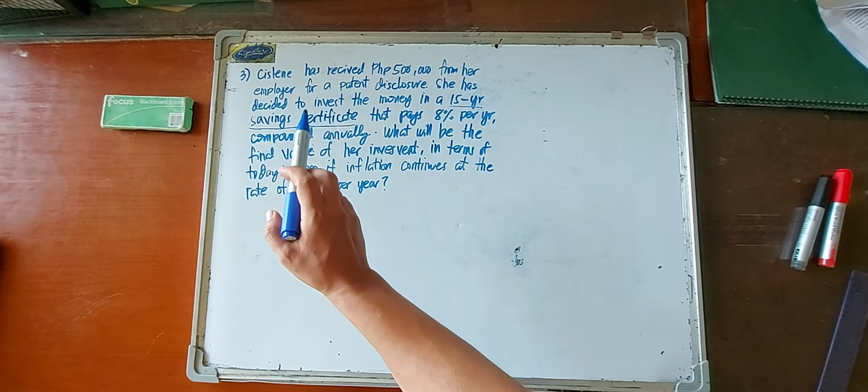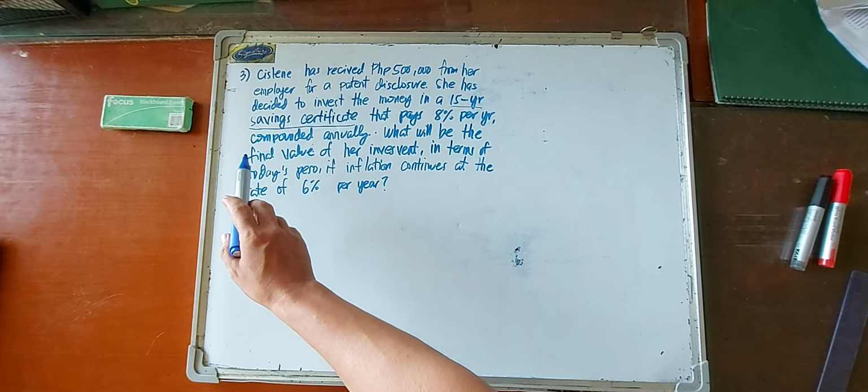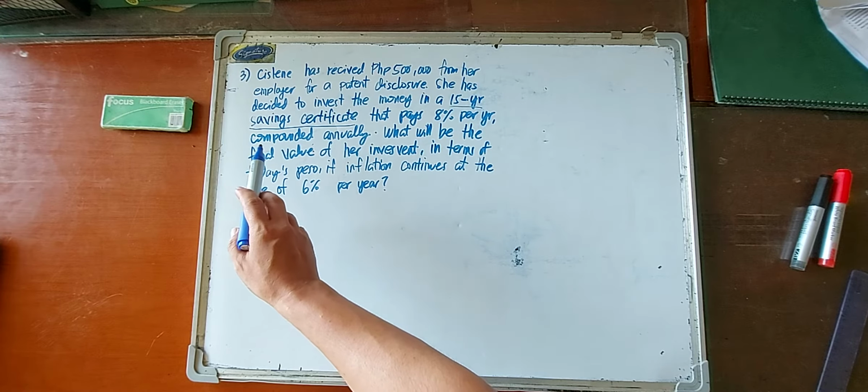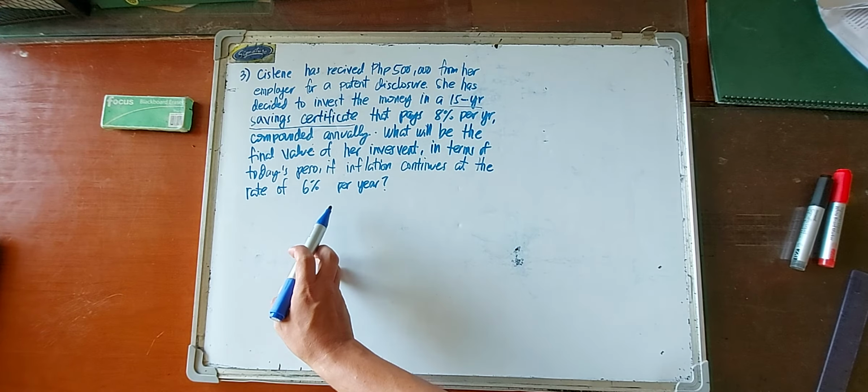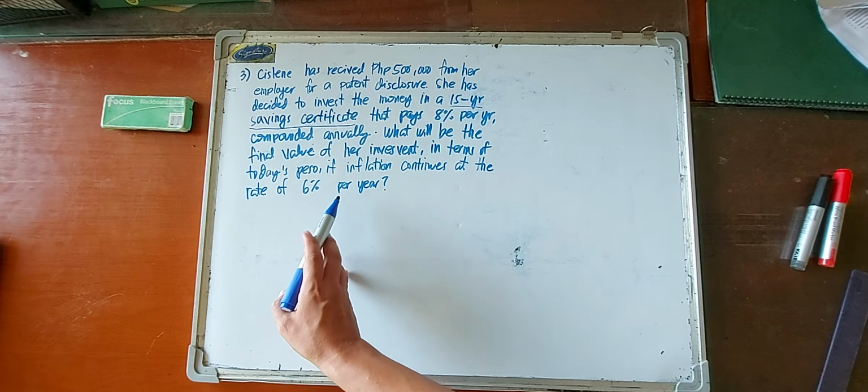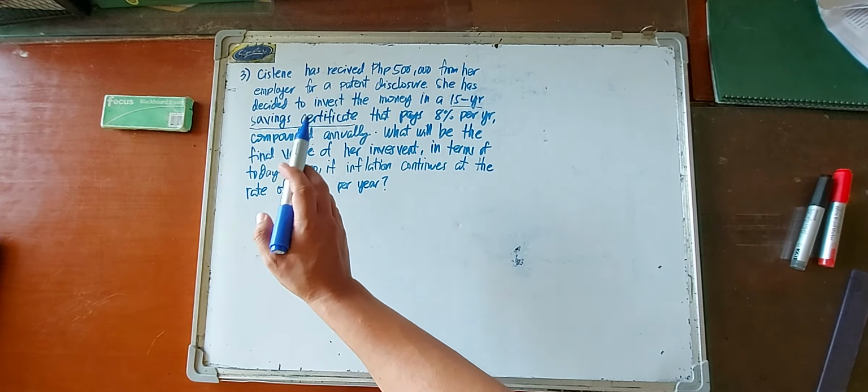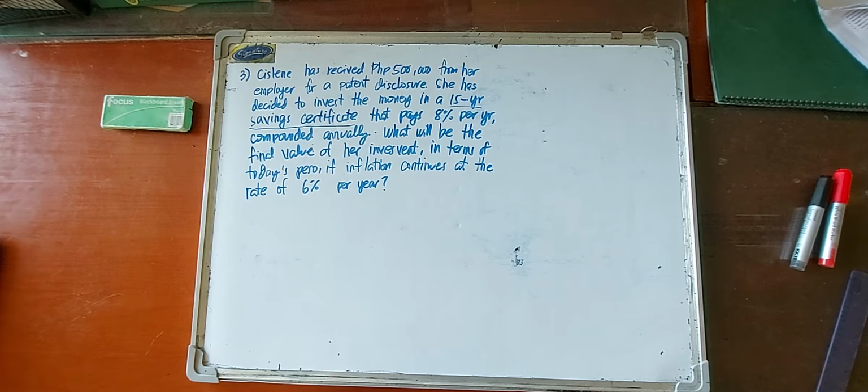So again, I repeat, okay, yung assumption natin sa formula ng derive natin to compute for the value, considering yung interest at inflation. Okay, yung assumption natin is that they are both compounded annually.